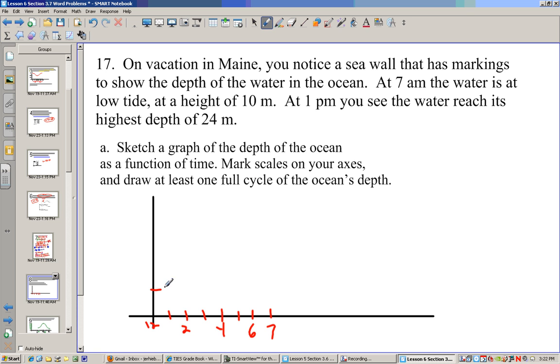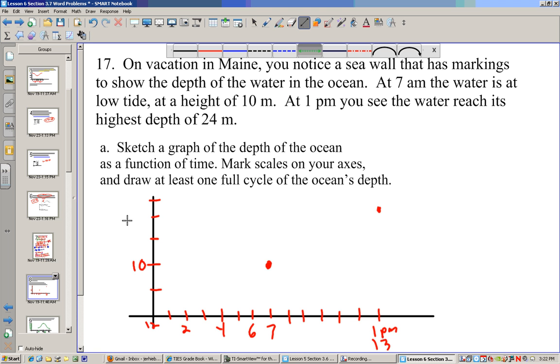So maybe let's just do this by 5, 5, 10, 15, 20, 25. So we do 8, 9, 10, 11, 12, 1. So we can say this is 1 p.m. Maybe it'd be good to just use military time and say this is 13. And at that point, it's at 24, so a little below our 25.